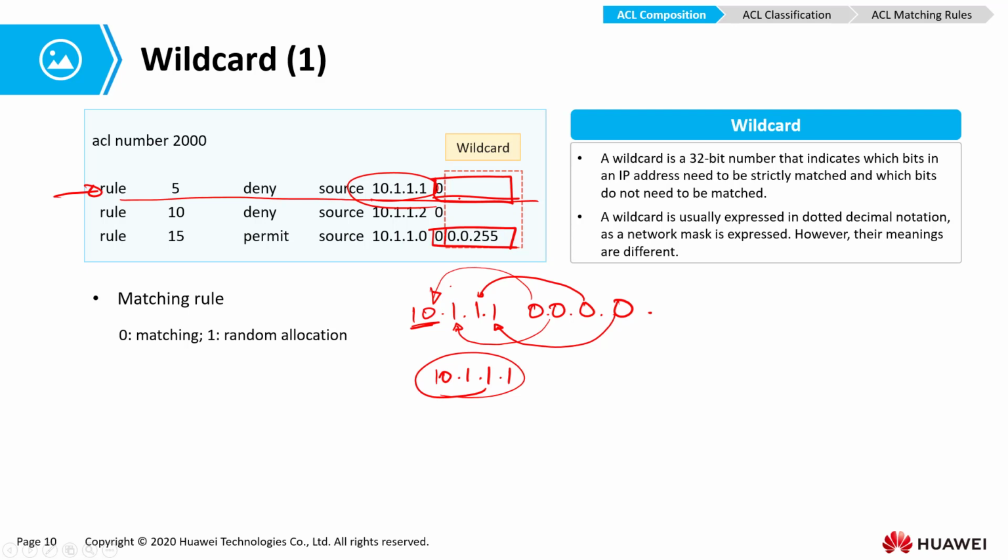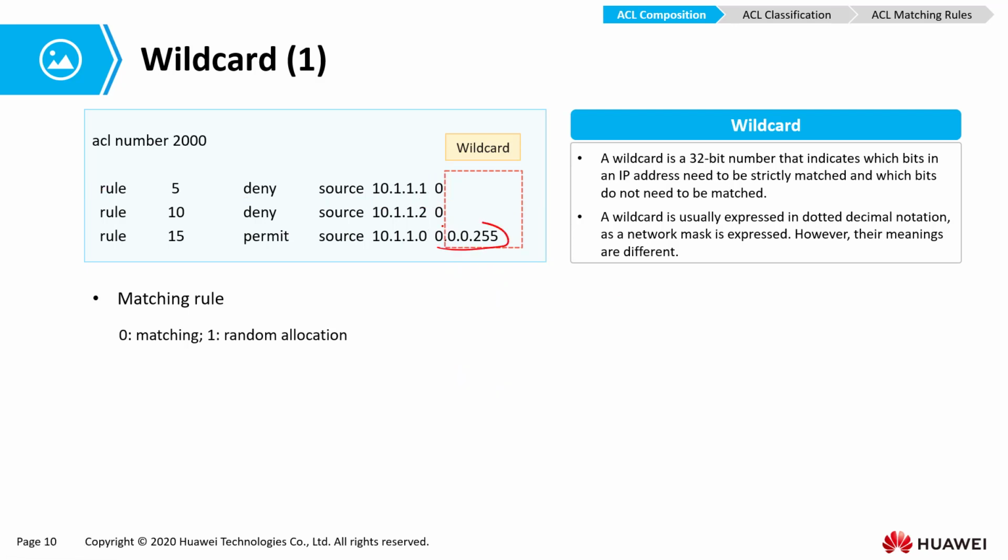No other IP address can be matched by that rule. Now, on the contrary, let us look at this wildcard. We have 10.1.1.0 with a wildcard 0.0.0.255. As I mentioned earlier, this is going to match the 10. So all traffic from 10 dot, this matches the 1 completely, dot, this matches that 1 completely, dot.